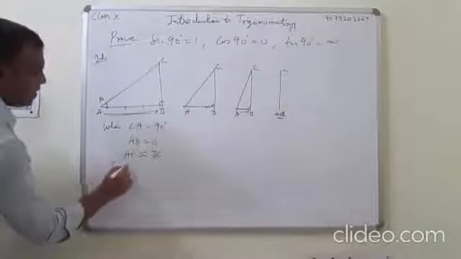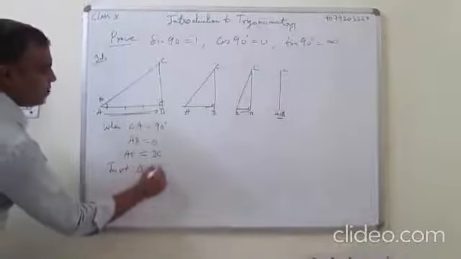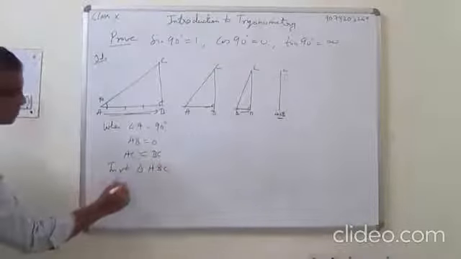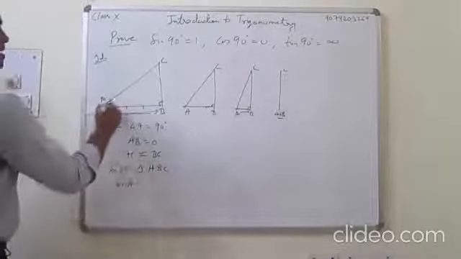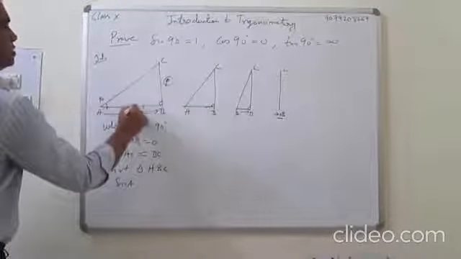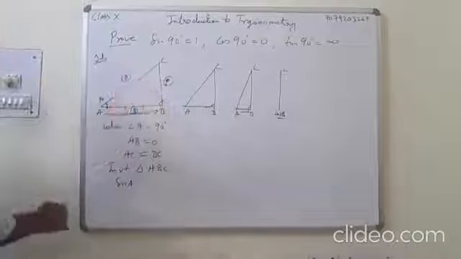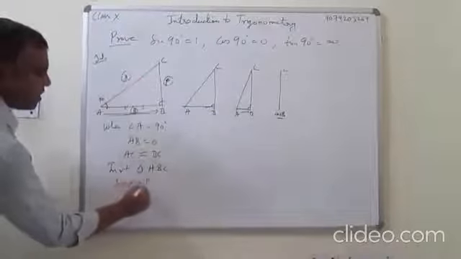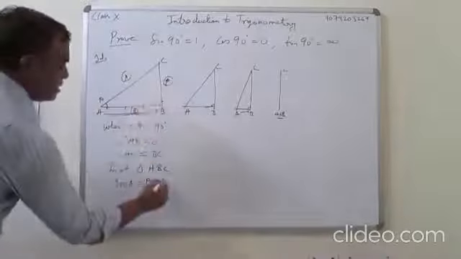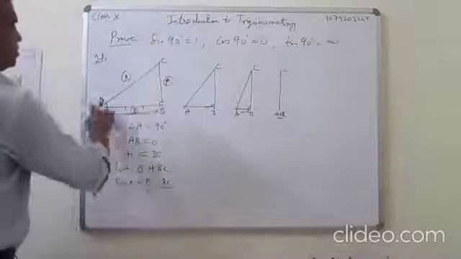Now in right triangle ABC, what is sine A? Opposite to A is the perpendicular, this is the base and this is the hypotenuse. Sine A is P upon H. What is P? BC. What is H?